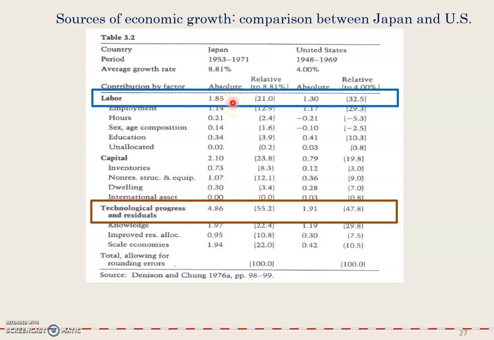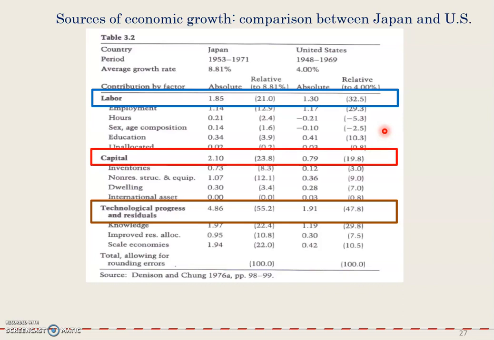Okay, now we can also take a look at labor, which contributed 1.85 percentage points, or 21%, versus 32.5% in the U.S. In other words, labor contributed relatively less to Japan's growth than it does for the U.S. growth.